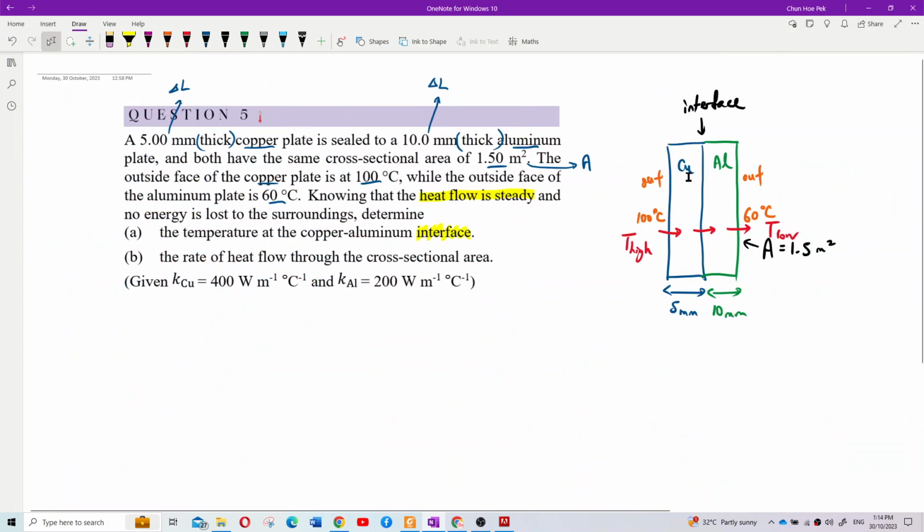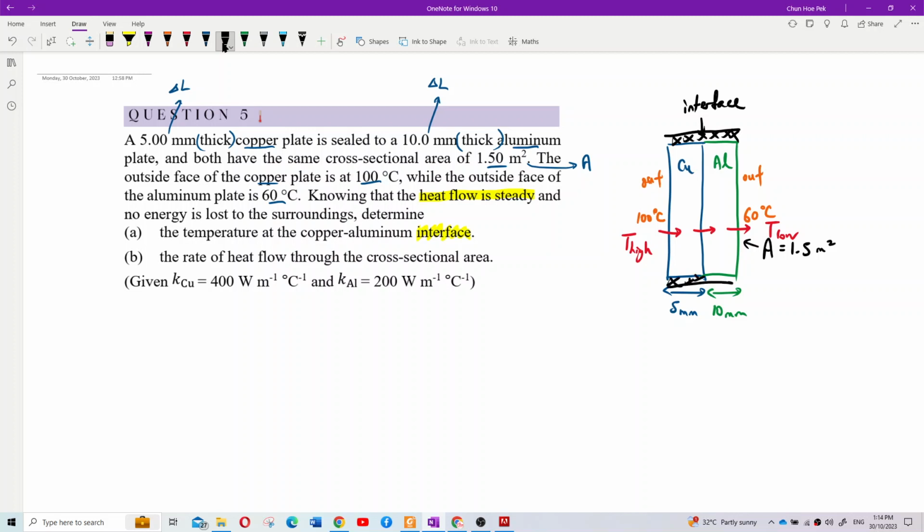Steady heat flow means the heat flow is constant all through the whole metal. If we see heat flow is steady, it also means that these items are insulated. They are insulated, that means no heat loss through the surroundings.